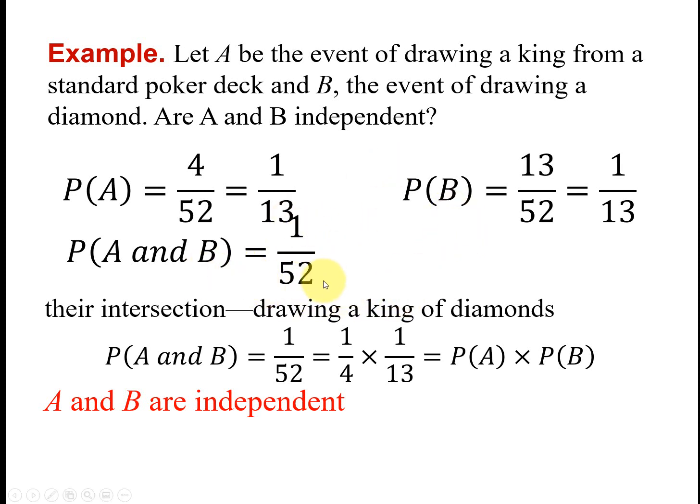Drawing a king that's a diamond is 1/52nd, because there's only one diamond king. So these unconditional probabilities, 1/4 times 1/13th, are equal to this 1/52nd. So we conclude that A and B are independent because it equals the product of these unconditional probabilities.